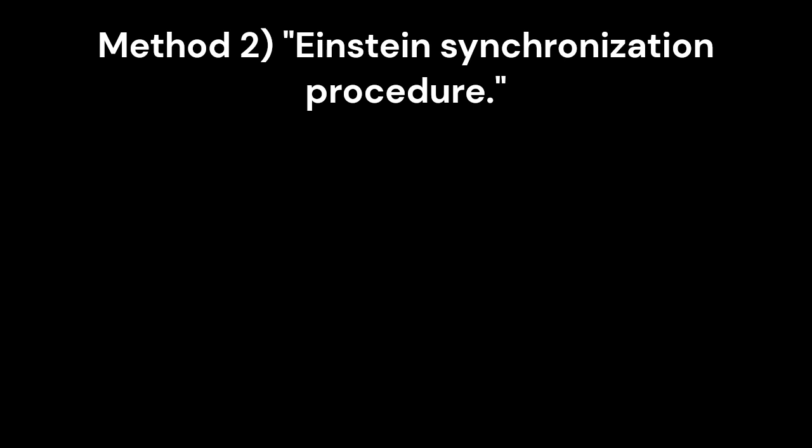Einstein's method of clock synchronization is as follows. Two clocks are tested to verify that they run at the same rate. Then the clocks are spatially separated.